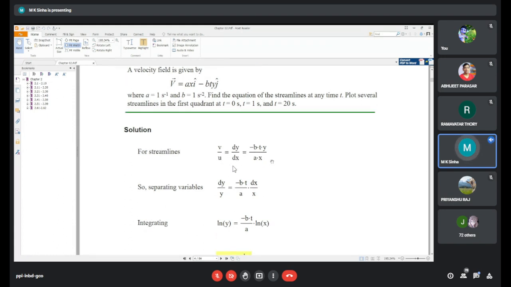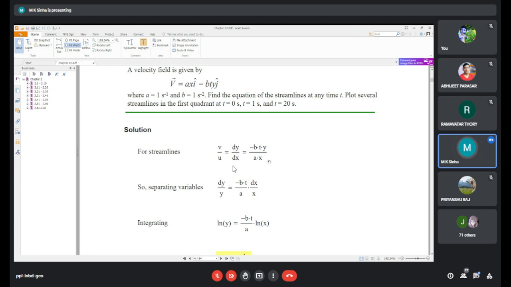As we have to find the streamline equation, dy/dx is equal to v/u, and here u is ax, v is minus bty, because the velocity vector V equals u i plus v j. So dy/dx will become minus bty divided by ax.